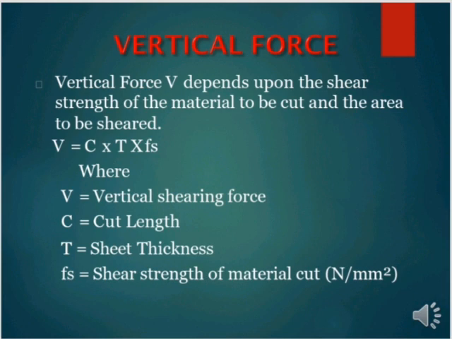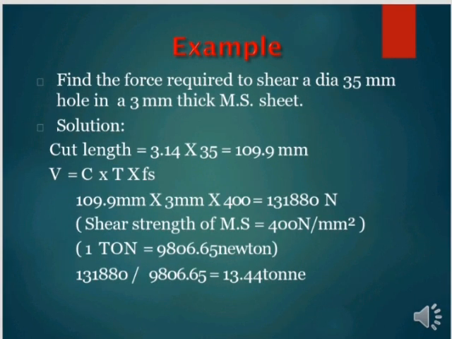So, V is equal to C into T into Fs, where V is the vertical shearing force, C is the cut length, T is the sheet thickness, and Fs is the shear strength of the material to be cut. Now, with an example, it will be more clear.